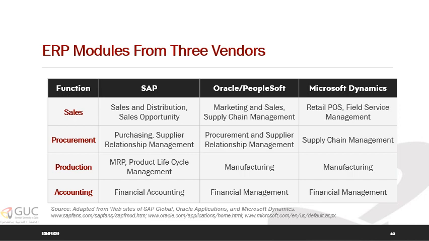The ERP software embeds the best business practice into the software to allow organizations to implement their policies and procedures. ERP vendors often claim that these business practices will help to improve the organization's productivity and performance.